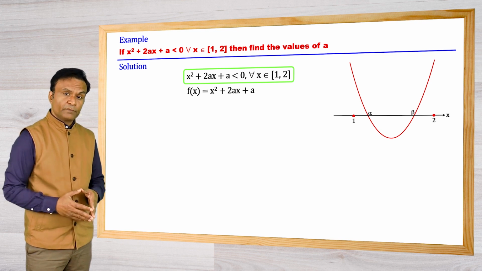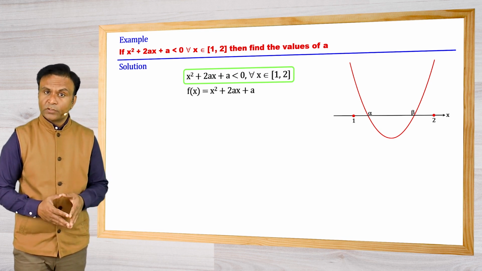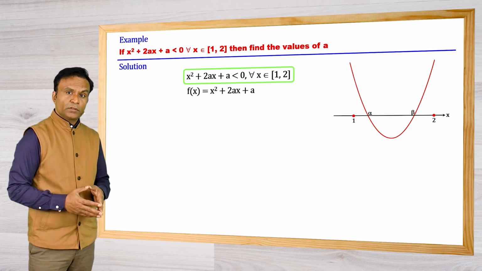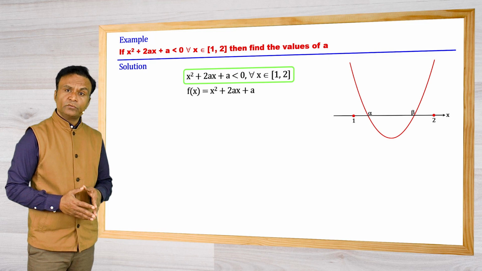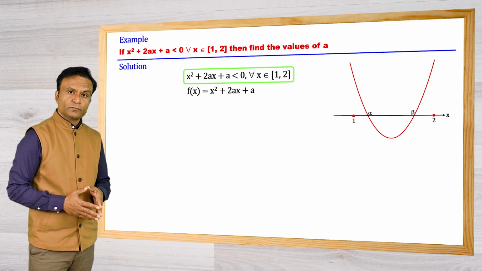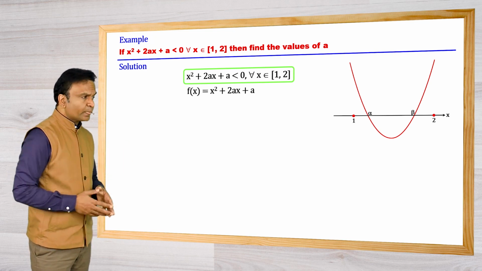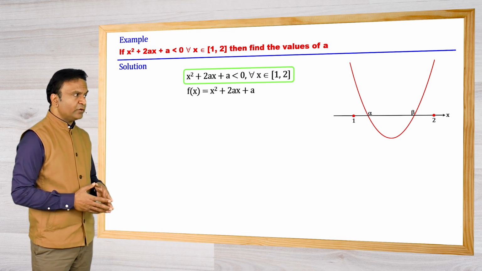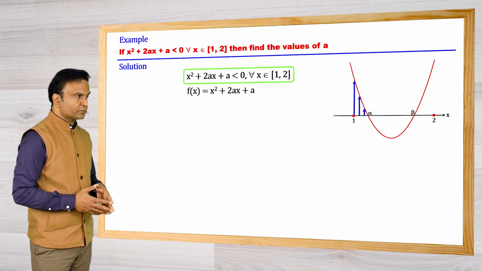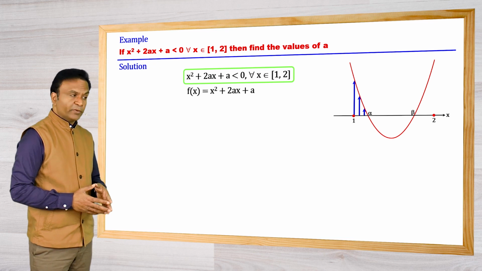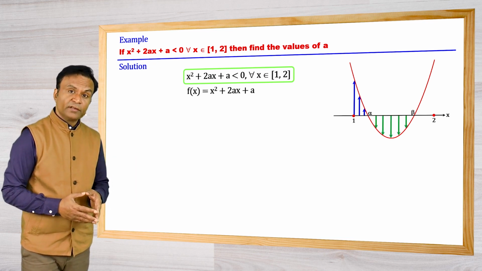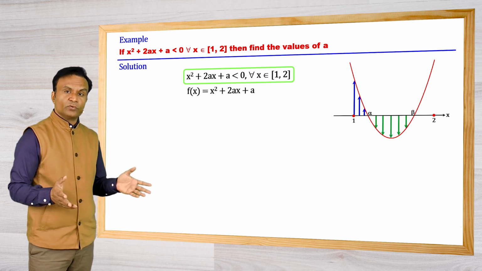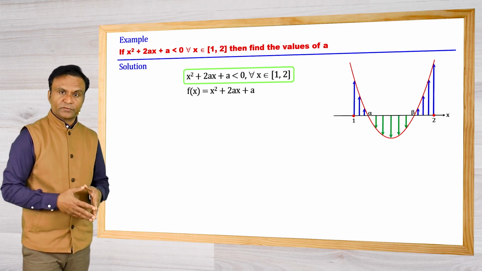Because we want the function to be negative for all x belongs to (1, 2). In that case, are these possible locations for 1 and 2? You can check between 1 and alpha the value of function is positive. Between alpha and beta the value of function is negative, and between beta and 2 the value of function is again positive.